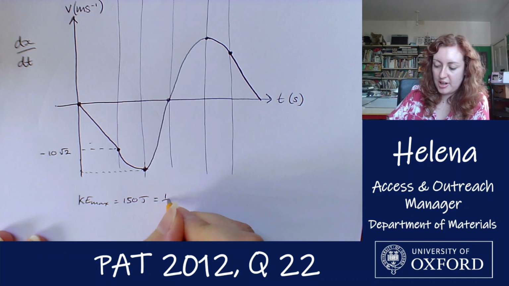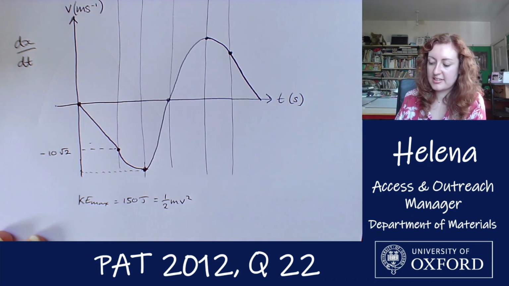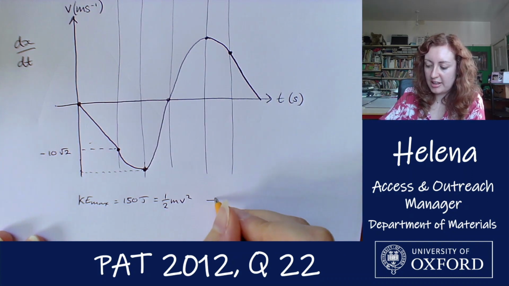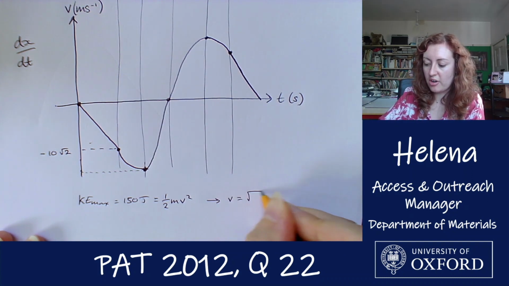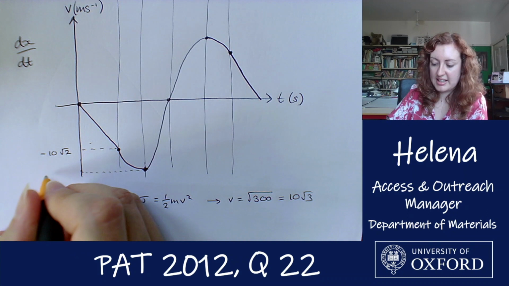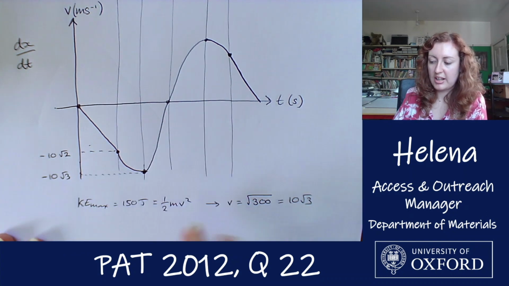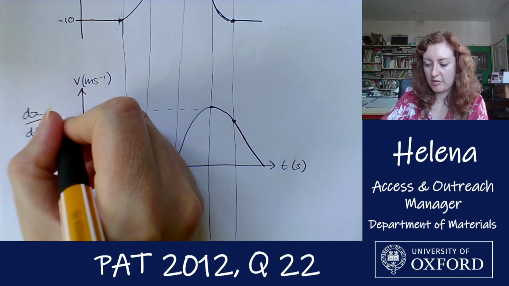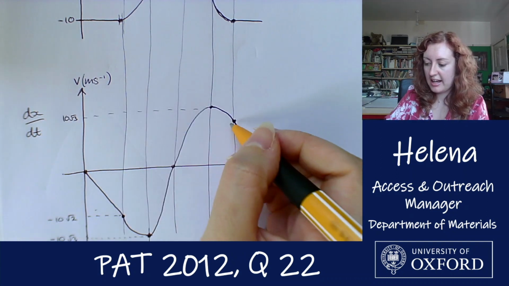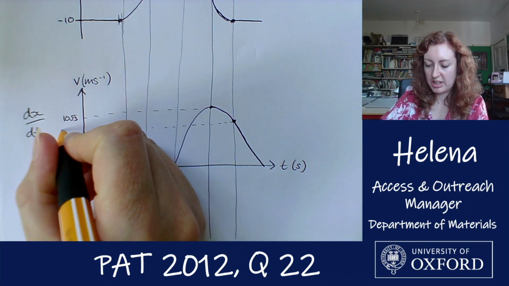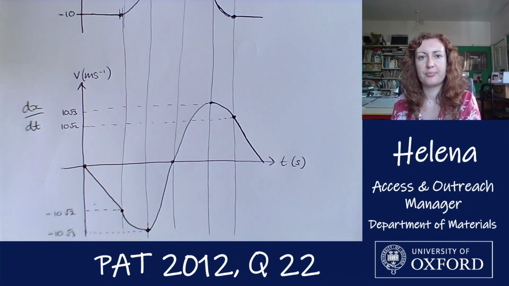And so that's equal to a half m v squared, with the mass being 1 kilogram, which gives us a value for the velocity of the square root of 300, otherwise known as 10 root 3. So in this case here, it's a minus 10 root 3, and it's going to be symmetrical up here, so we're going to have a maximum of a positive 10 root 3, and this point here where it turns linear again is going to be 10 root 2 here.